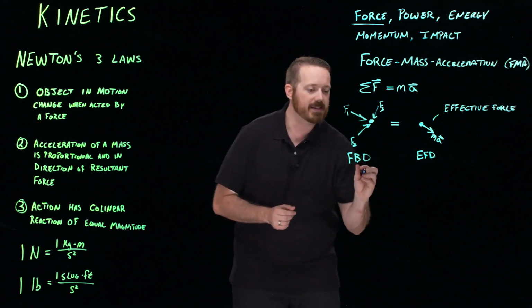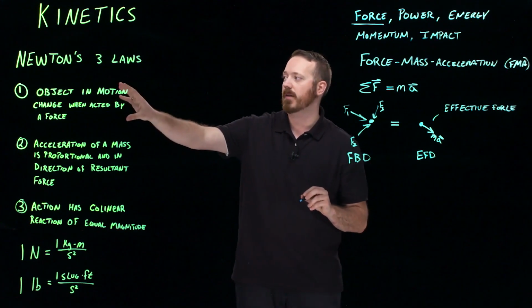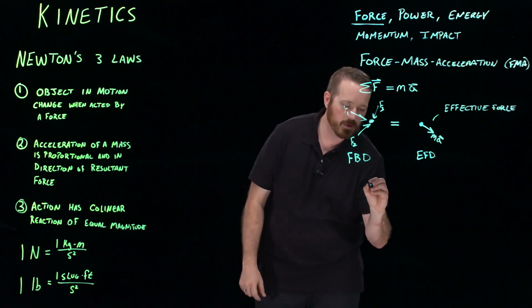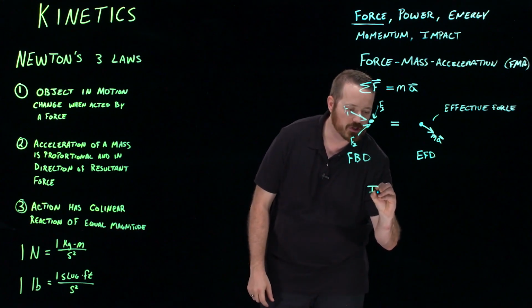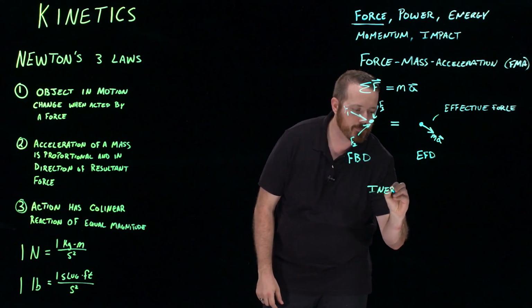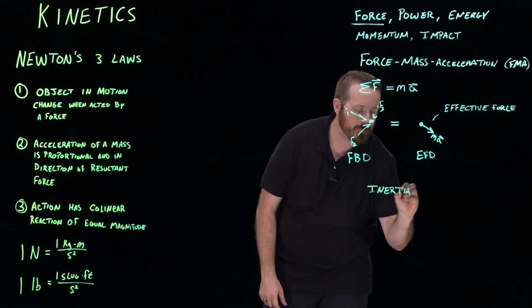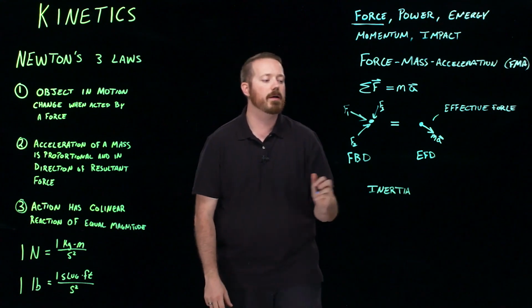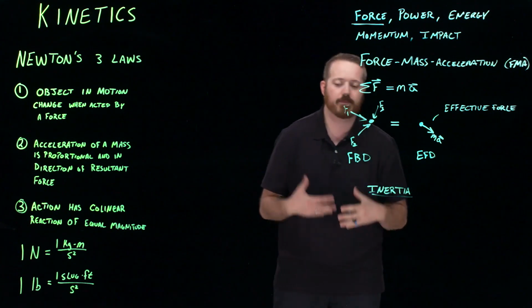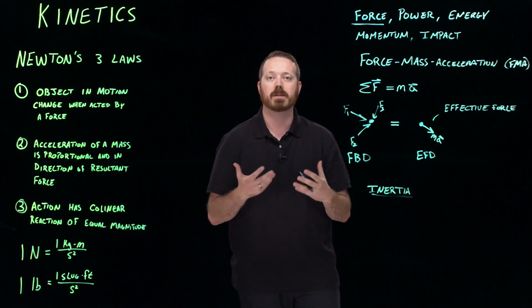So let's talk about the idea now of the first and third law, where we're going to have the idea of inertia. So inertia is the state at which a body wants to be acting.